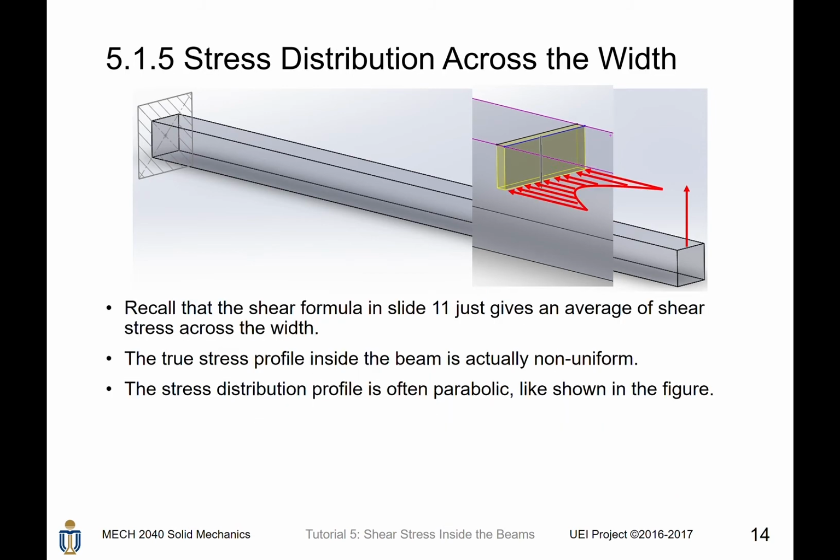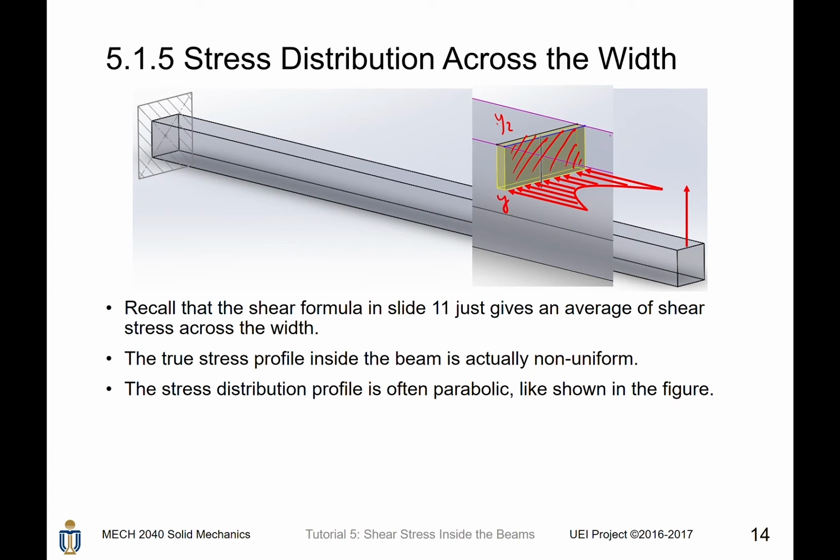Recall that the shear formula we just introduced before just gives an average of shear stress across the width. Our concentration is to find the shear stress located at position y. So here is y, it is y2, okay? At position y, if we consider this cross-sectional area and we compute the first moment of this cross-sectional area, then we can find the average shear stress acting on the level of y.